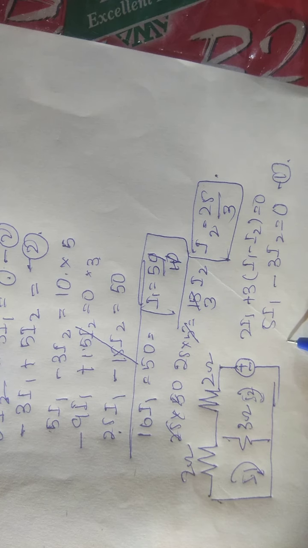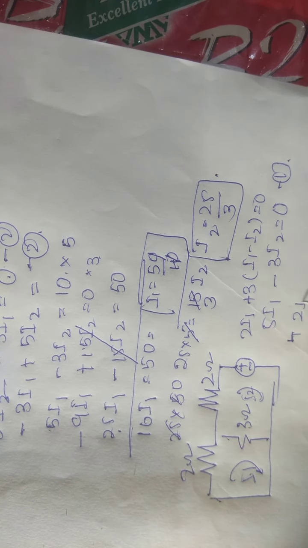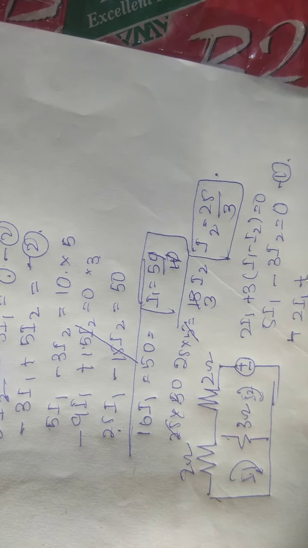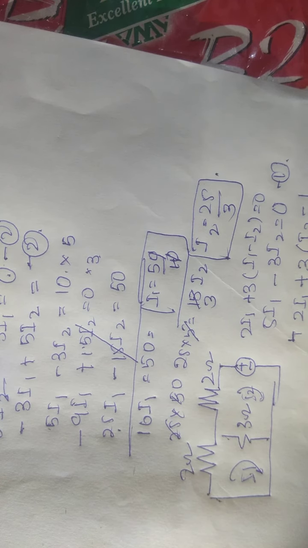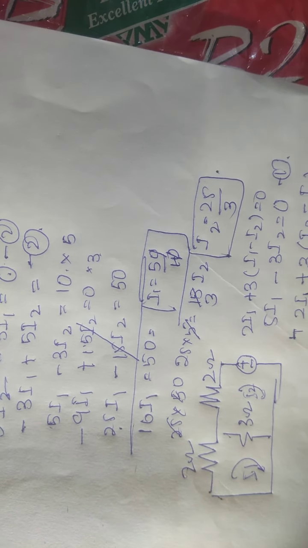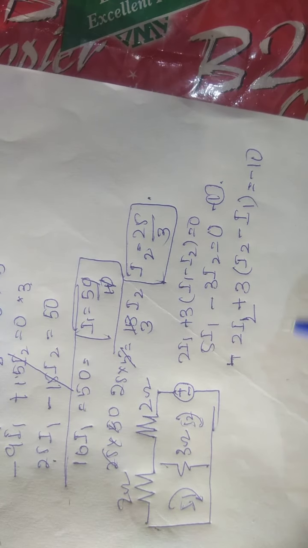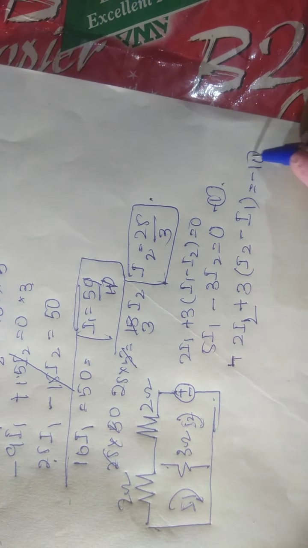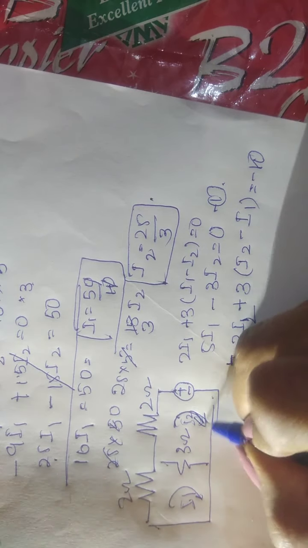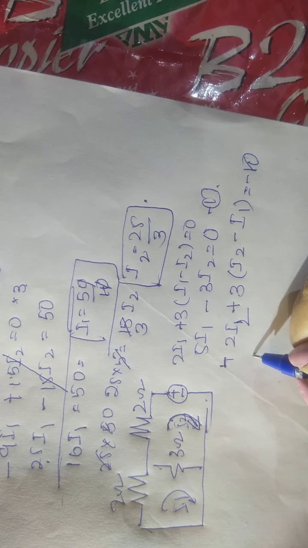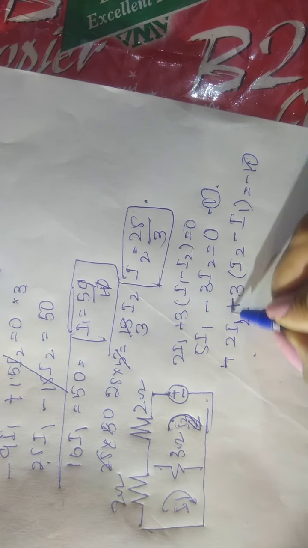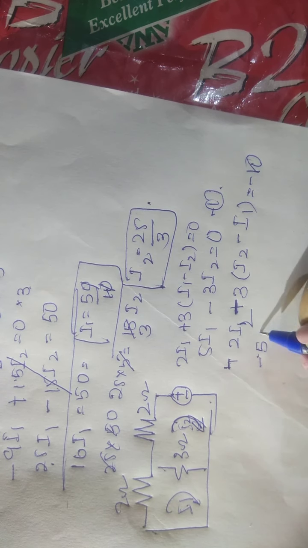Equation 2, loop 2, equals minus 2I1 plus 3 into I2 minus I1 equals minus 10 volt, because it is from positive to negative in this direction, that's why equals minus 5I2.